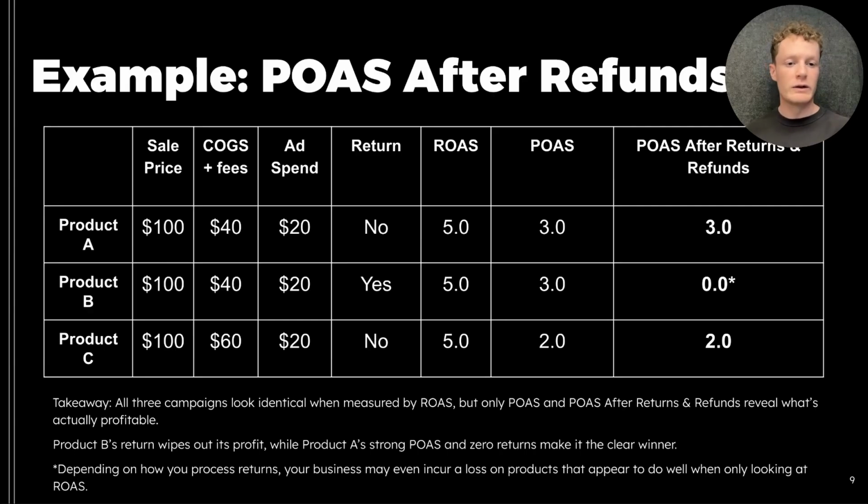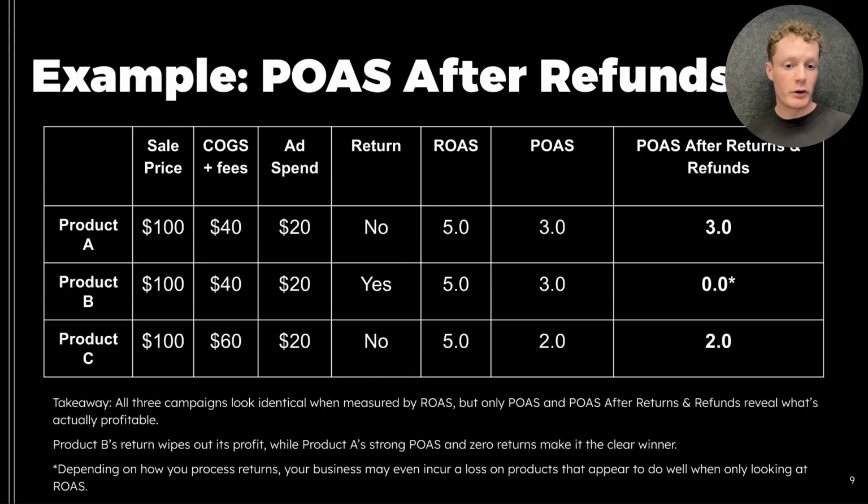Essentially, the whole reason that we look at POAS at all is because return on ad spend doesn't provide transparency into actual profit. In this case, you can see, particularly in industries of high return rates, that even profit on ad spend, without taking into account returns and refunds, doesn't provide full transparency into profit.